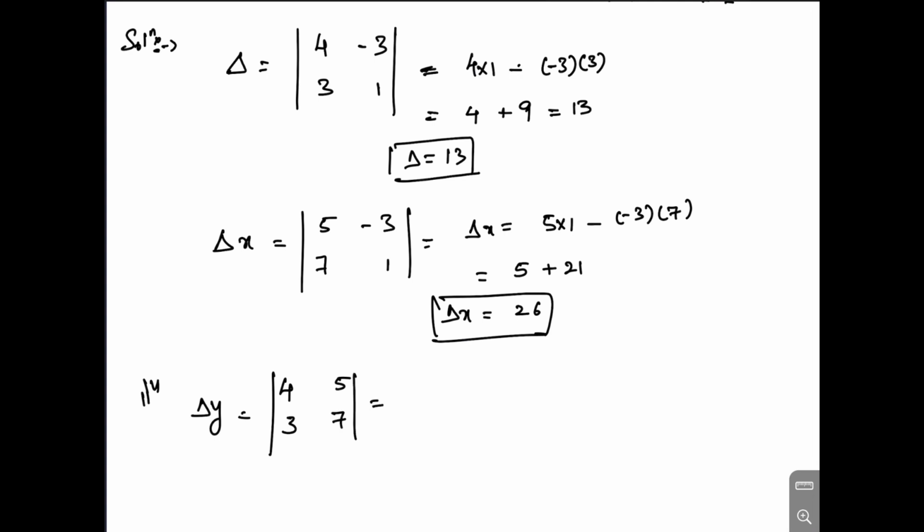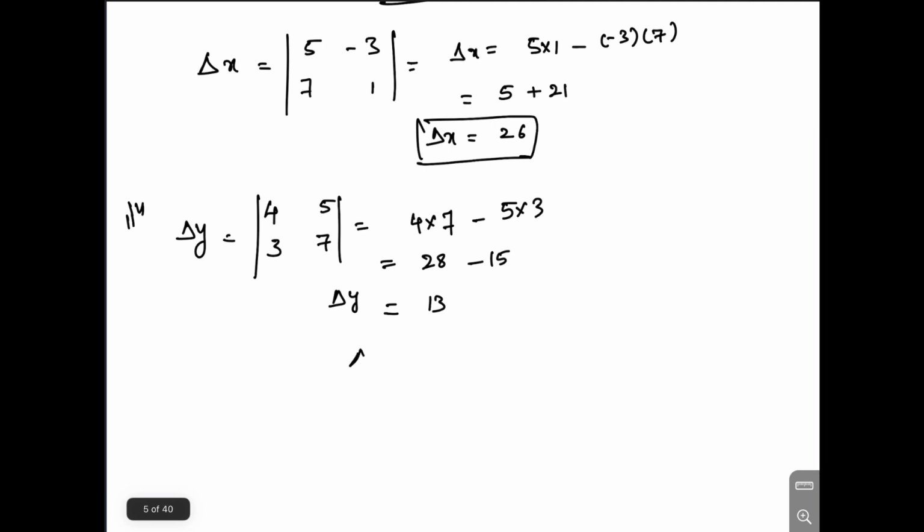Let's try to simplify: 7 into 4 minus 5 into 3. 7 4s are 28 minus 5 3s are 15, which gives 13. So we got the delta y value: delta y equals 13.